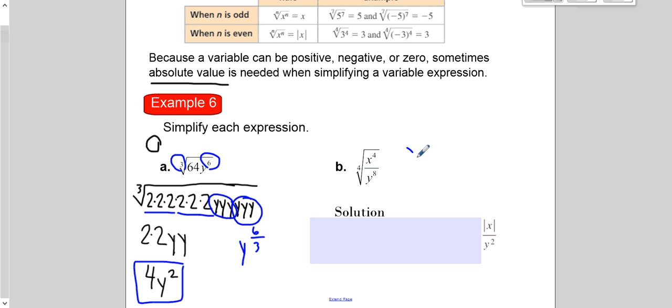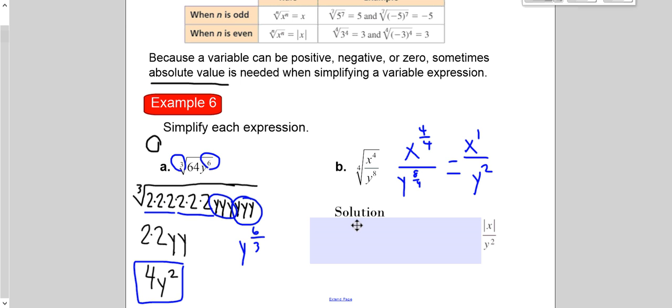X to the 4th to the 4th root, that's x to the 4/4 power, and y to the 8/4 power. What's 4 divided by 4? 1. And what is 8 divided by 4? 2.